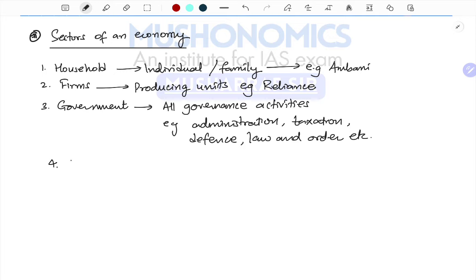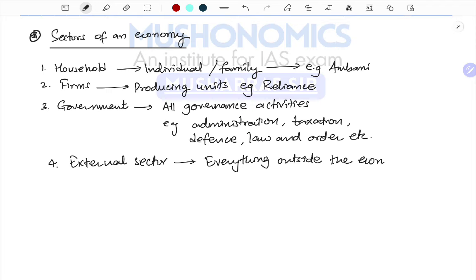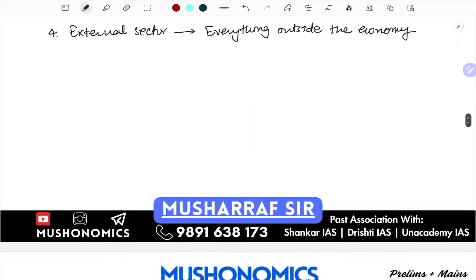And fourth, we can talk about external sector. External sector, we can take whatever is outside our country. So everything outside the economy can be taken as external sector. So these are the four sectors of economy that we can talk about.